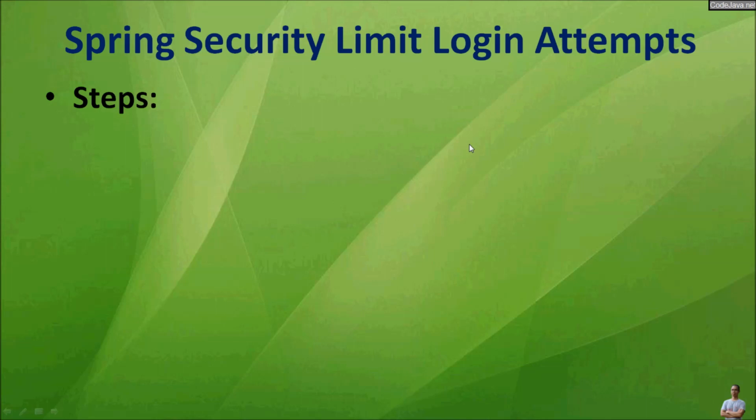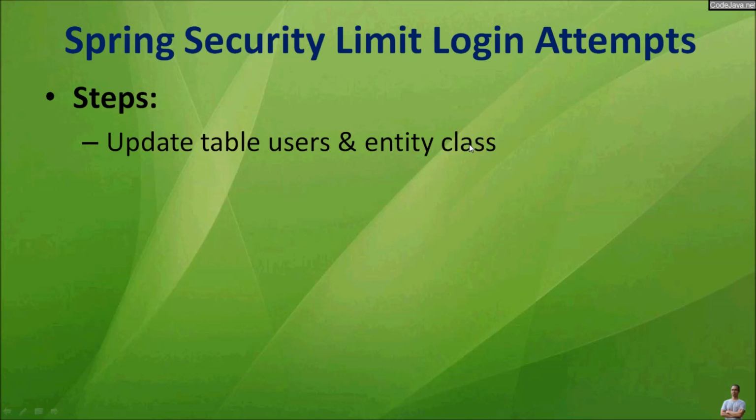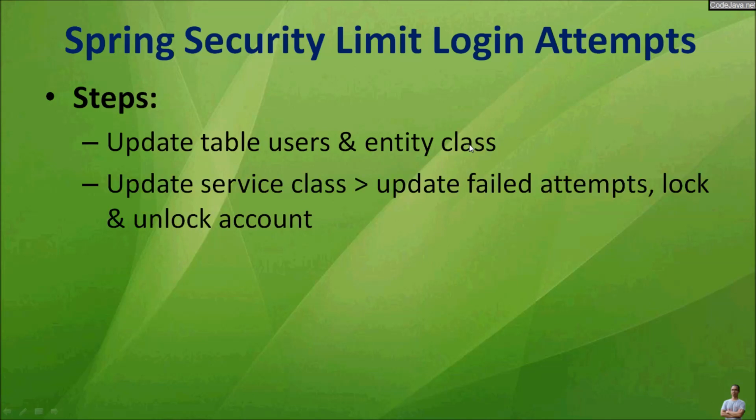And here are the key steps which we will follow. First, we need to update the table users in the database to add some new columns to implement the limit login attempts security feature, and then we need to update the entity class User accordingly. And then we need to update the service class to implement the functions that update failed attempts number, lock account and unlock account.